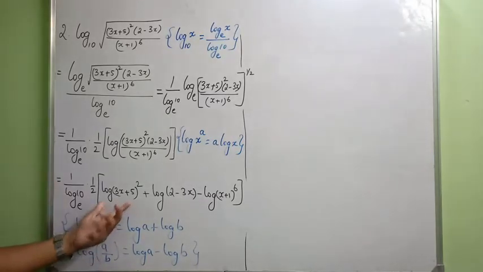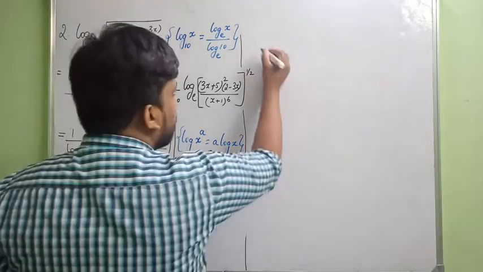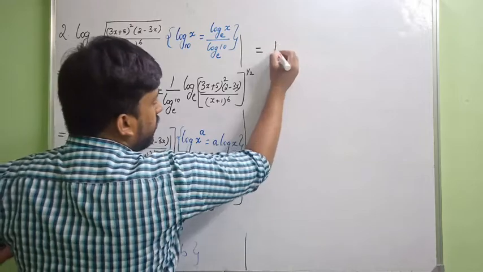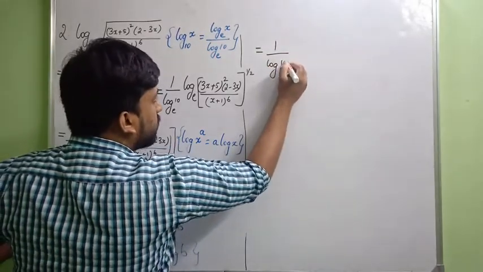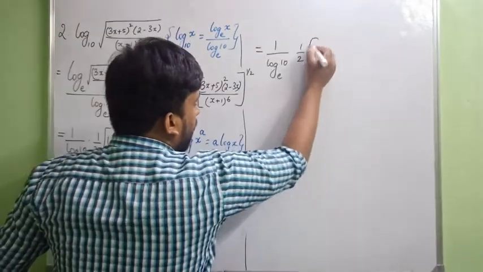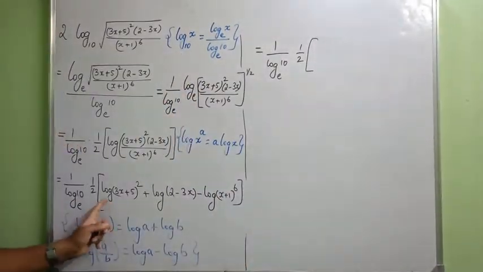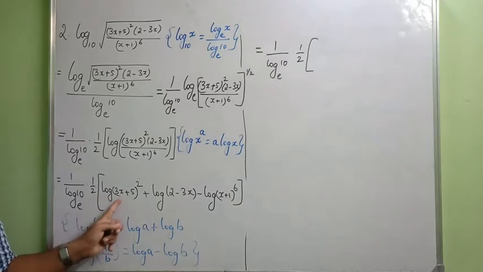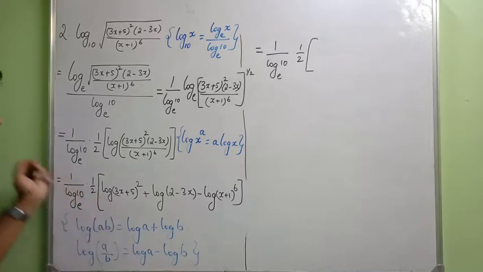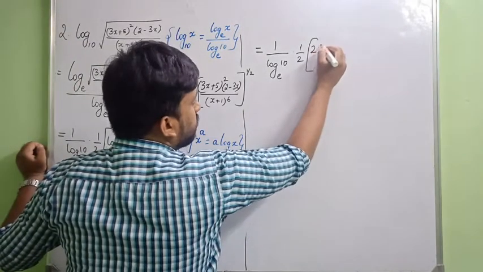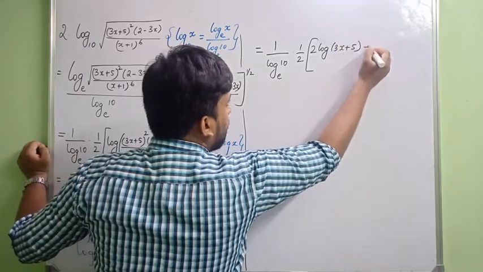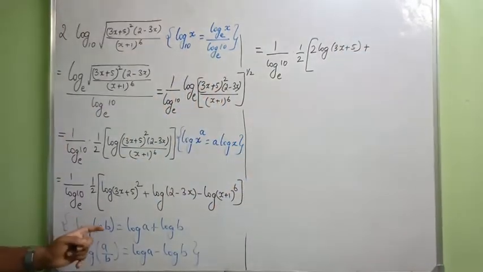Yes. Now directly what I will be doing again. That is equal to 1 by log 10 to the base e, 1 by 2 I will be taking, and here, since we have log of 3x plus 5 the whole square, I will be applying this form, that is it becomes 2 log 3x plus 5, plus what happens?